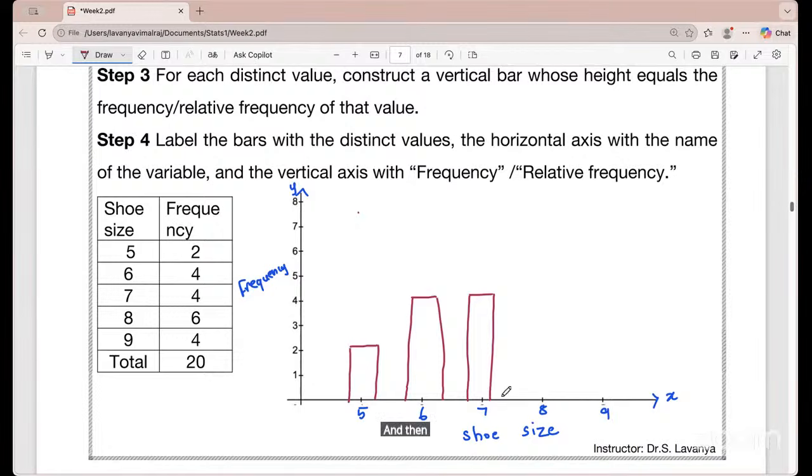And then for 8, it is 6. Okay, so here 2, 4, 4, 6, and then again for 9, it's 4.